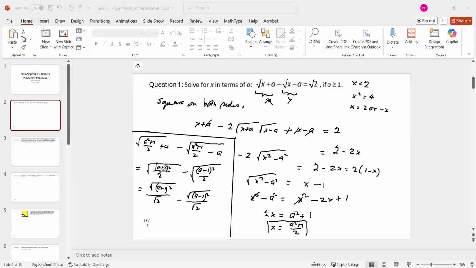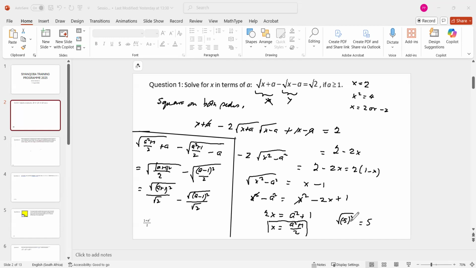Notice I didn't make square root of a plus 1 all squared as a plus 1, right? Because you can only take the positive square root. See, the square root of 5 squared or negative 5 squared is not negative 5. This is square root of 25, which is 5.